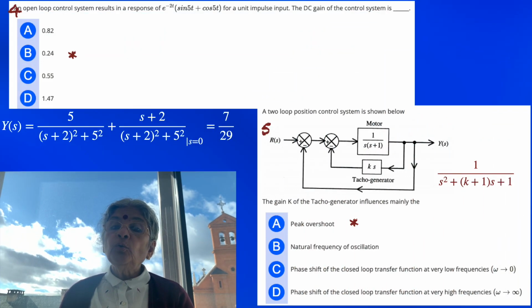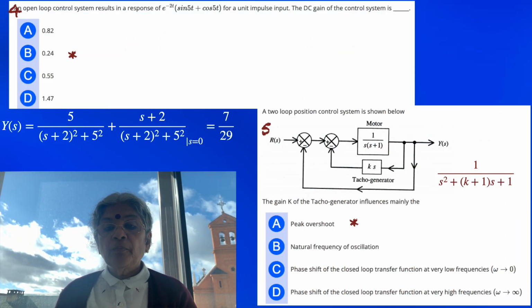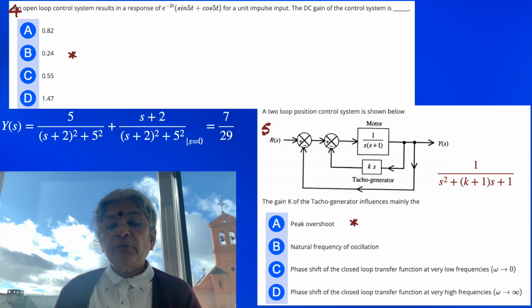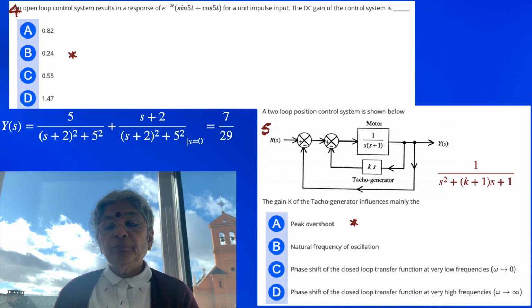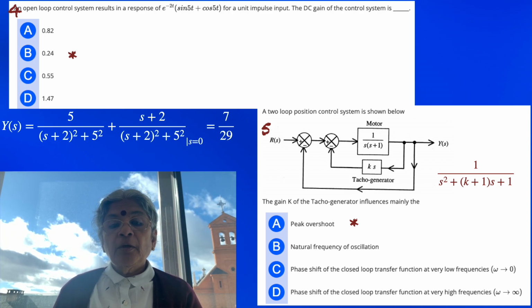Moving to the fifth problem. A two-loop position control system is shown below. So what do we have? In the first loop, we have Ks as a tacho generator, because it's proportional to speed. Second is the unity feedback. Both are negative in nature.